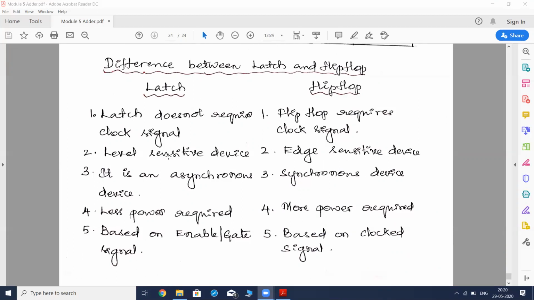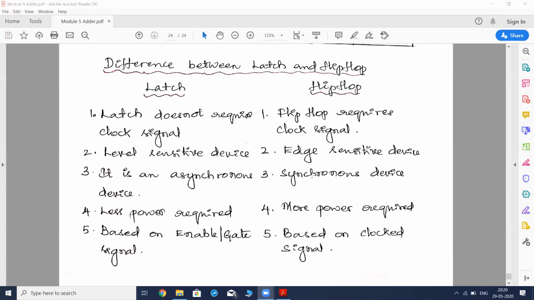In the case of the enable input, they are going to change the state during this level. That is what level sensitive means. And then latches are asynchronous devices. Asynchronous means, as I have already told, as soon as we give the input, we get the output.